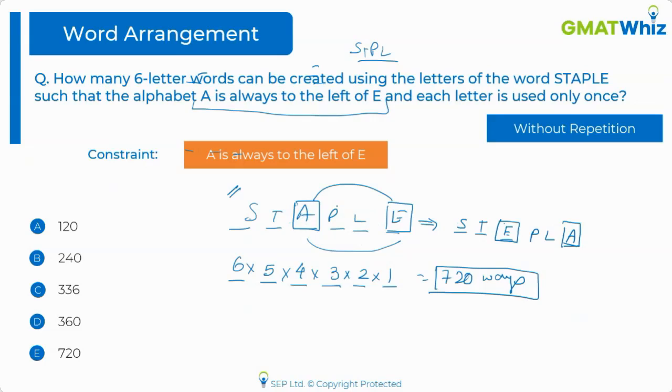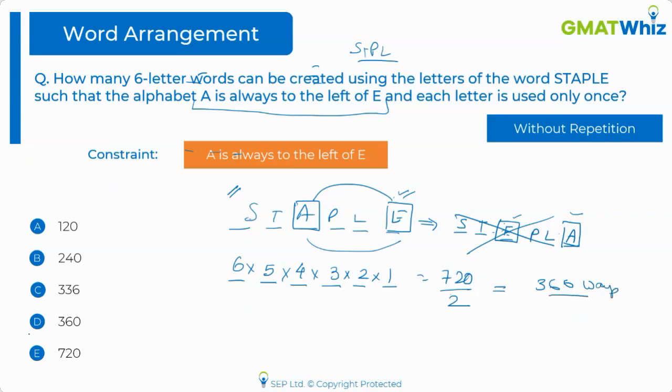So can you say that out of these 720 cases that you have here, in half of them, A and E would be flipped. And I don't want the flipped case. I just want the original case, which is there. So to find out my actual answer, I just need to divide it by 2 so that I remove those cases where the word has been flipped, where E is to the left of A. So your answer will turn out to be 360.